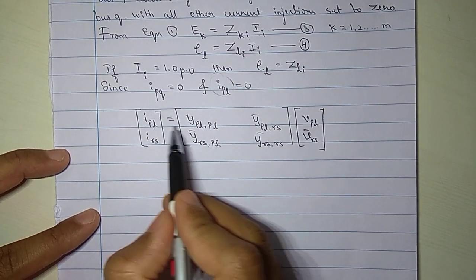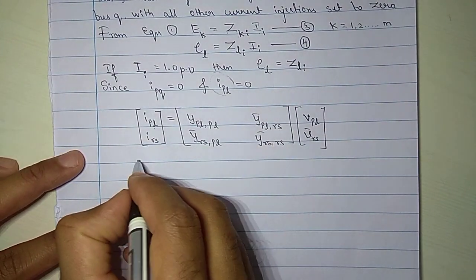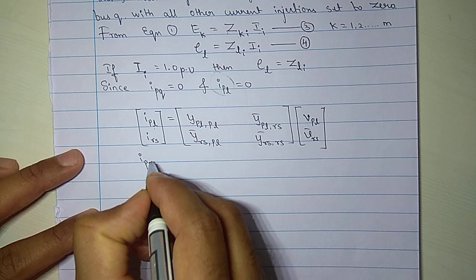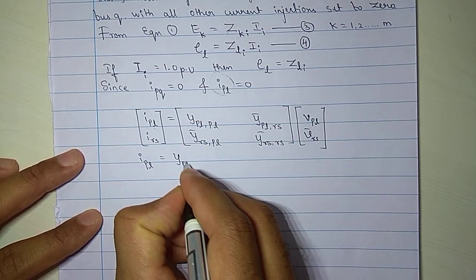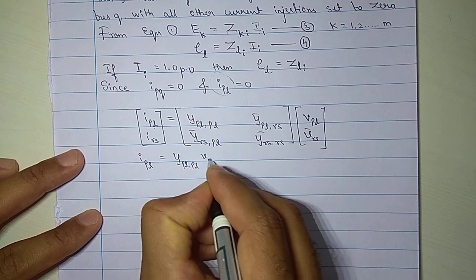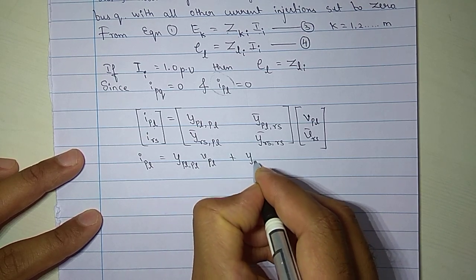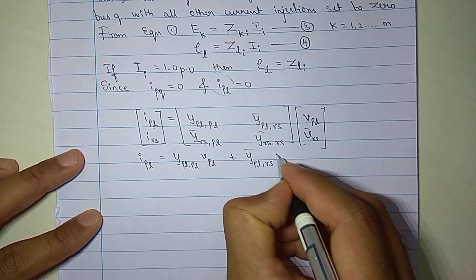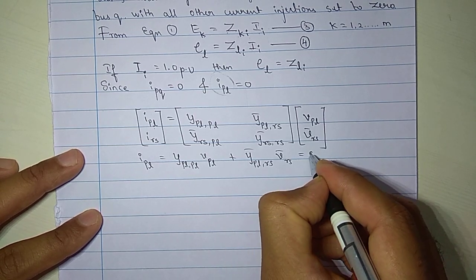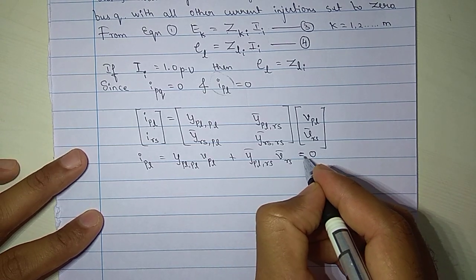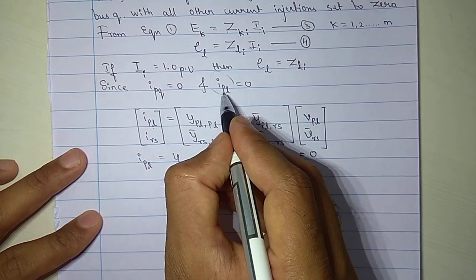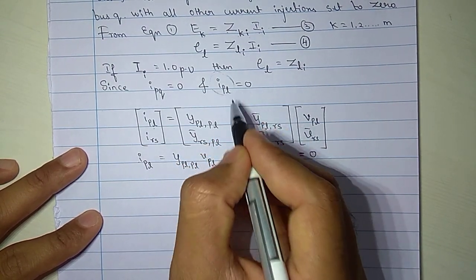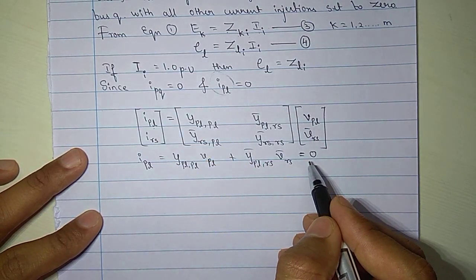Now with this matrix, I'll be writing IPL, which is equal to first row, first column, YPL comma PL into VPL plus YPL comma RS into VRS. I'll equate it to 0. I am equating it to 0 because here we have assumed IPL is equal to 0.